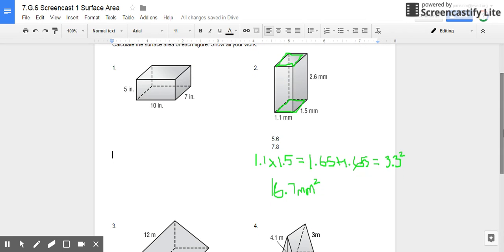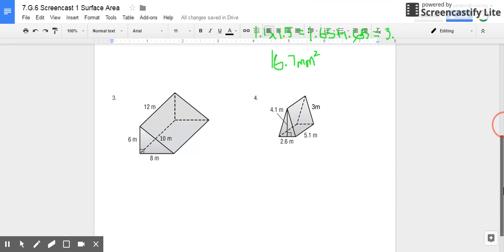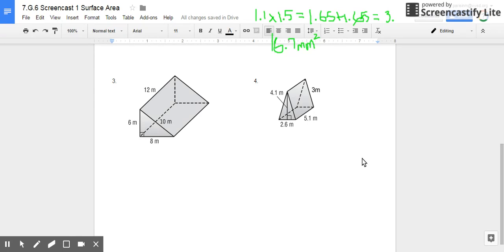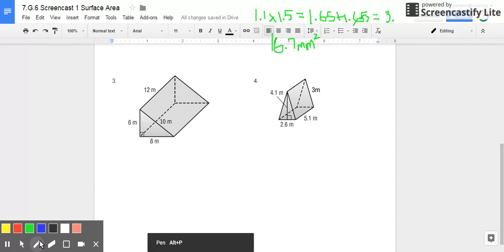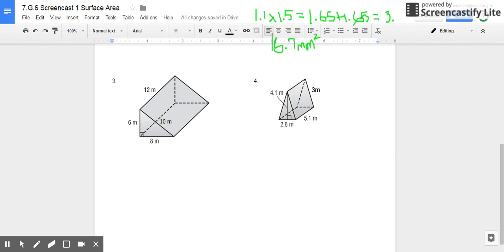Okay, moving on to question number 3. So again, finding the surface area, I would like to start this problem with the two triangles. So I'm going to highlight in blue the triangle in the front. So the triangles that are opposite of each other in a triangular prism are going to be the same exact area because they are both directly across.